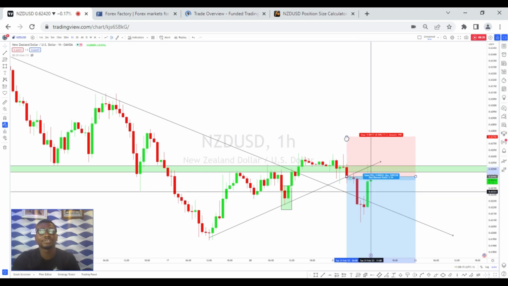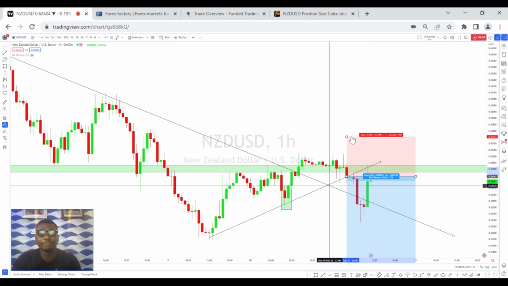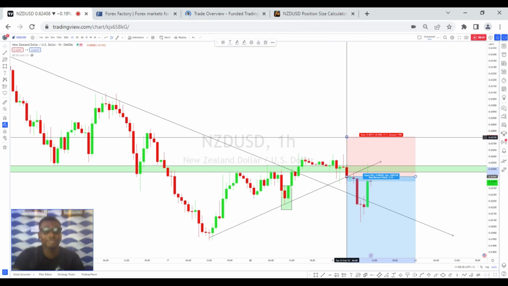If I had placed my sell entry within this very point, I believe by now I would have made a certain amount of risk to reward ratio within this market.